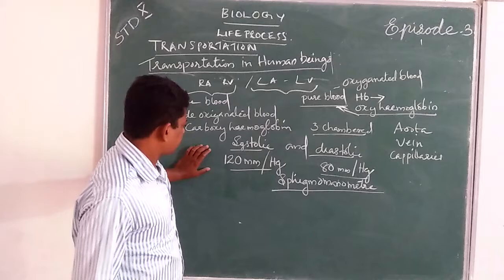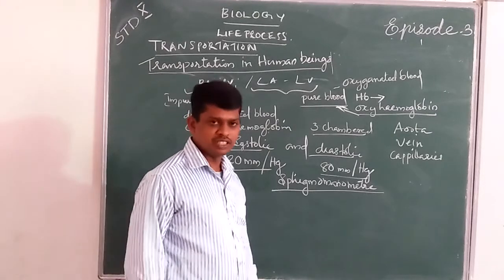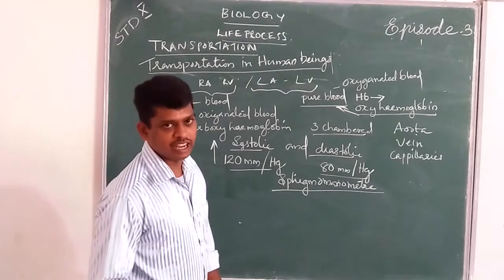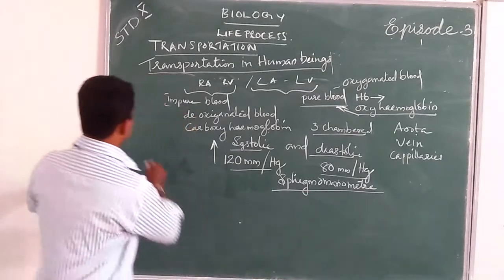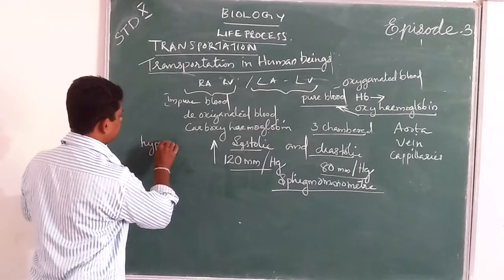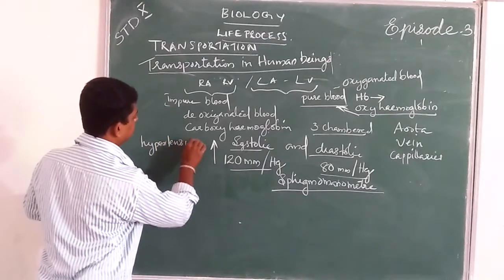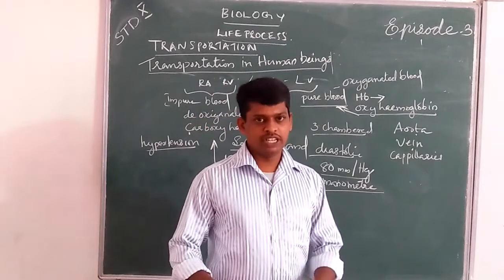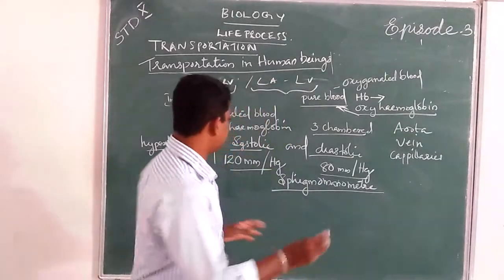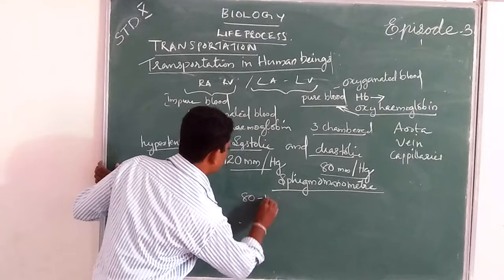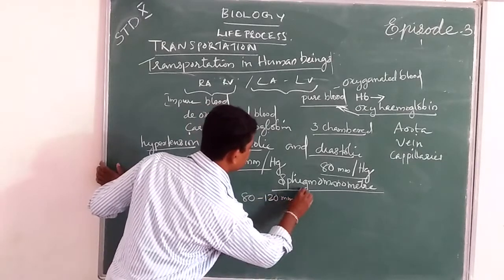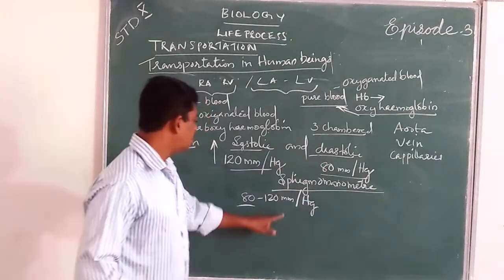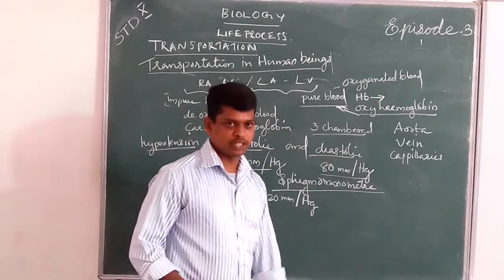When systolic pressure is very high, above 120 millimeter of Hg, that causes hypertension. So the normal blood pressure of human beings is 80 to 120 millimeter of Hg. The 80 is the diastolic pressure and 120 is the systolic pressure.